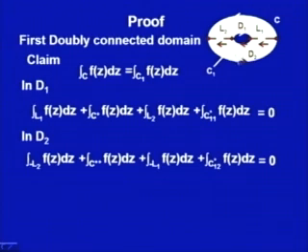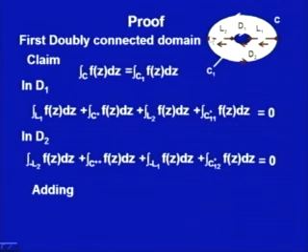Now, if I add these two, what would I get? I am adding this boundary and this boundary. Once I add L2 in this direction, then I am adding L2 in the negative direction. Since f(z) is analytic and the domain is simply connected, we know that the integral is independent of path.